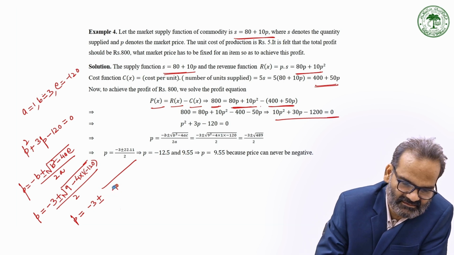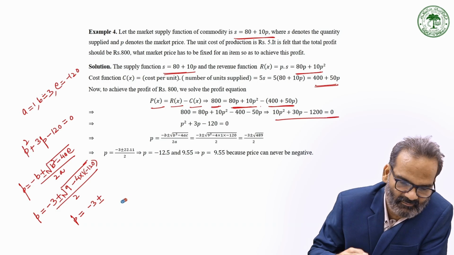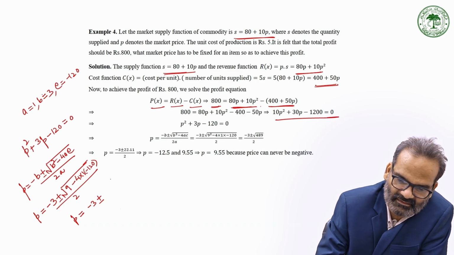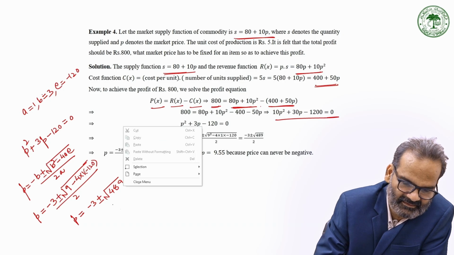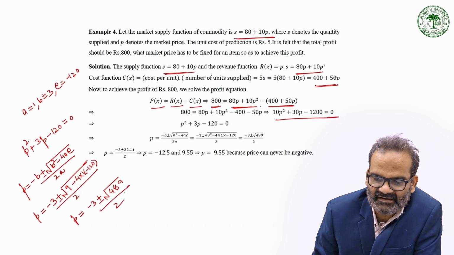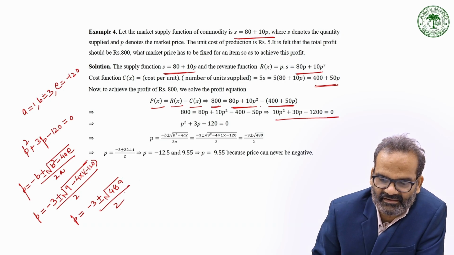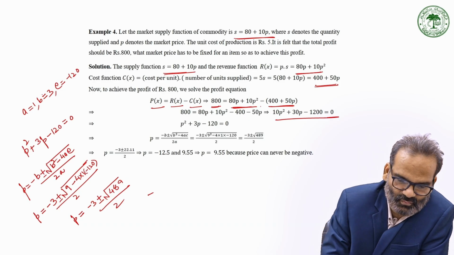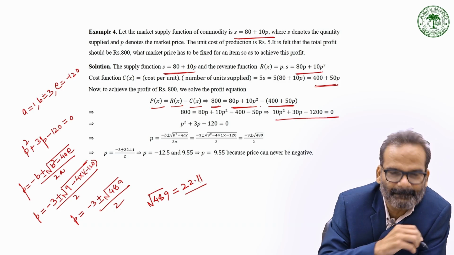See the calculation: this comes out to be minus 3 plus minus root 489 divided by 2. And the square root of 489 is approximately 22.11.